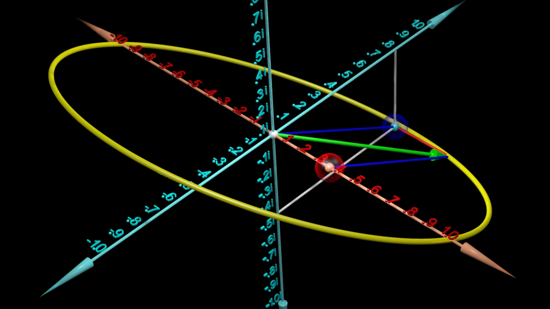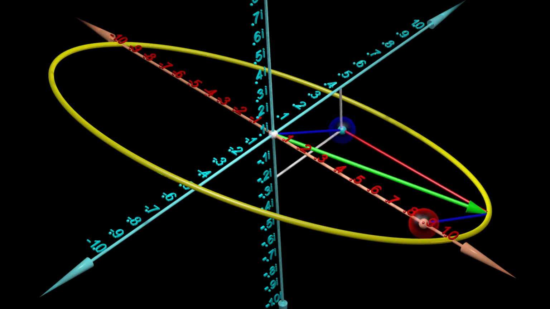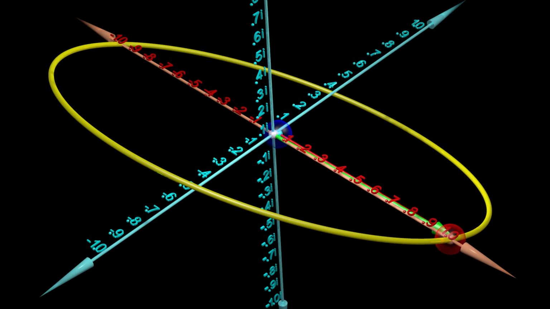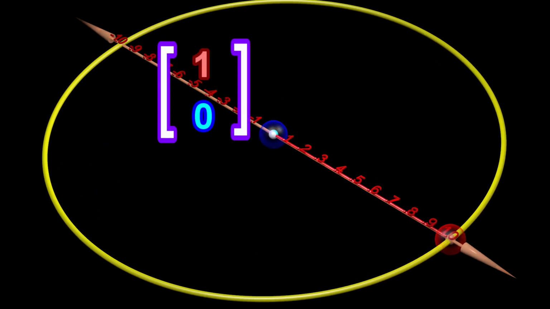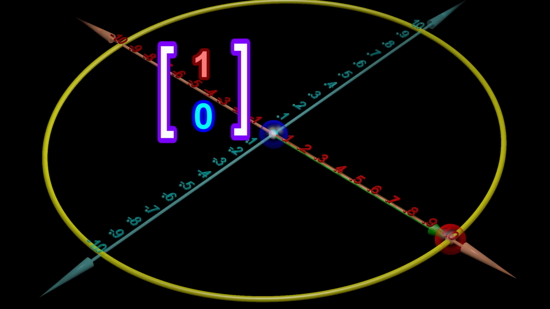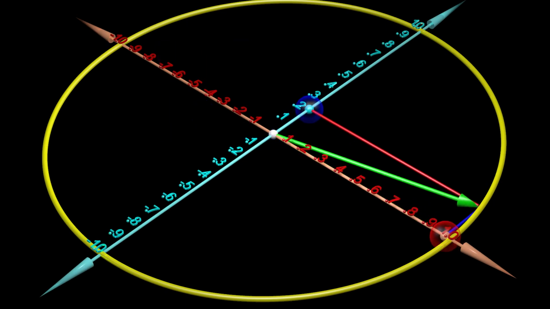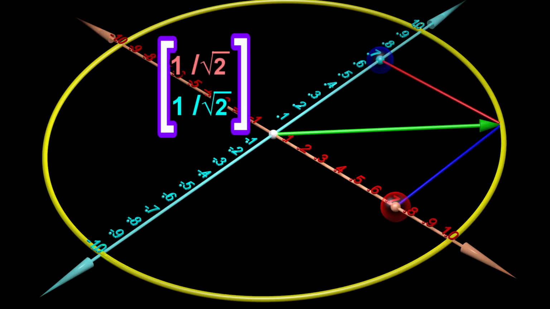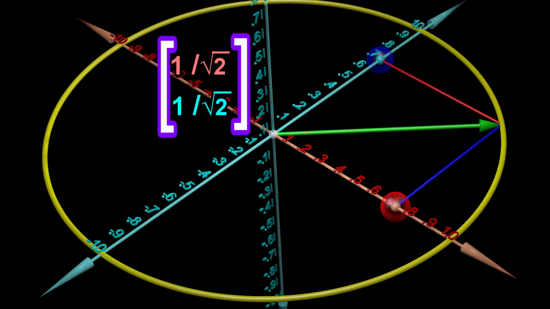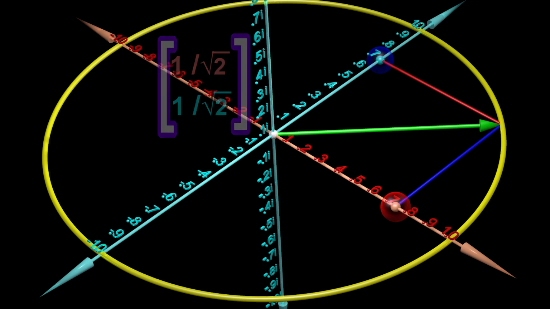Here, the real component of the first coefficient is shown on the red axis. The real and imaginary components of the second coefficient are shown on the two blue axes.